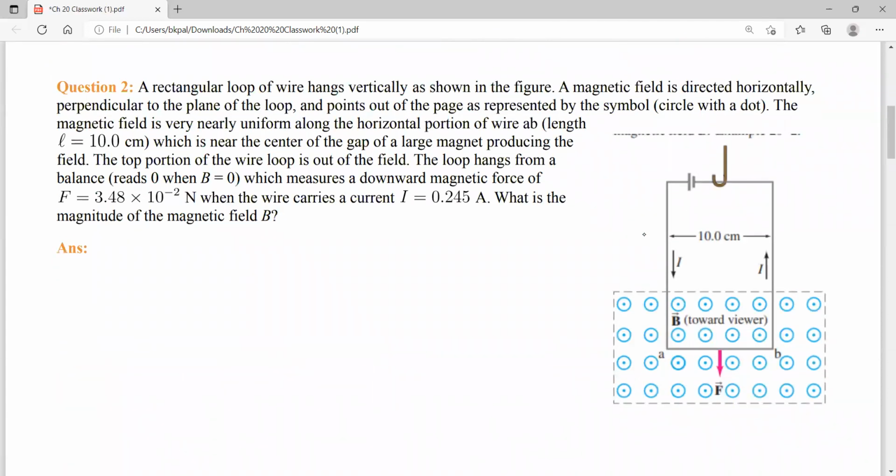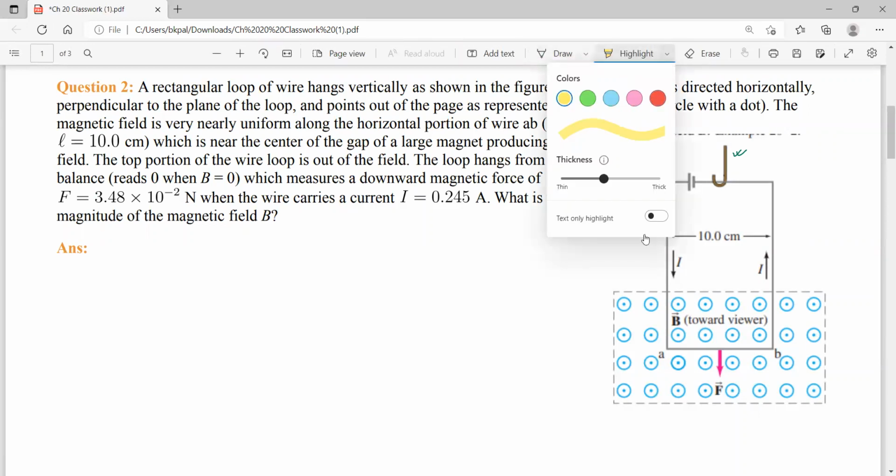So next one says that we have a magnetic field, and in that magnetic field we have a loop. This loop is basically hanging from a balance. When the magnetic field is 0, the balance shows that the force is 0.